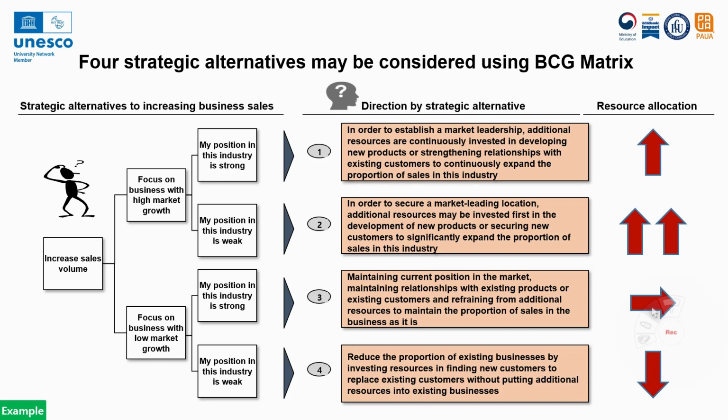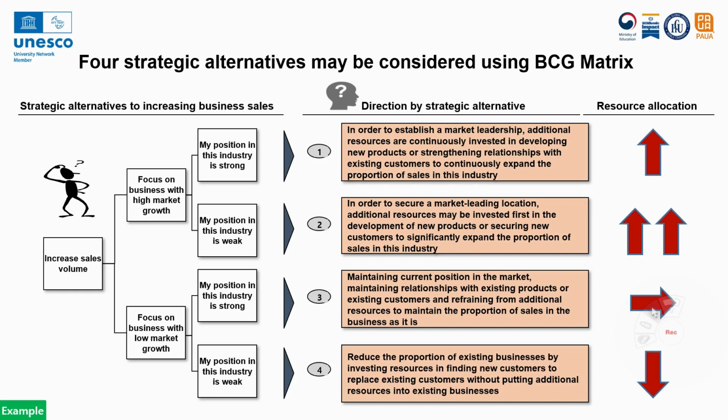Something like you put some money in cash cow businesses to keep your current position, right? So once you divide your strategic alternatives of increasing sales volume based on the growth rate of the market, you can also divide them based on your position in that industry.